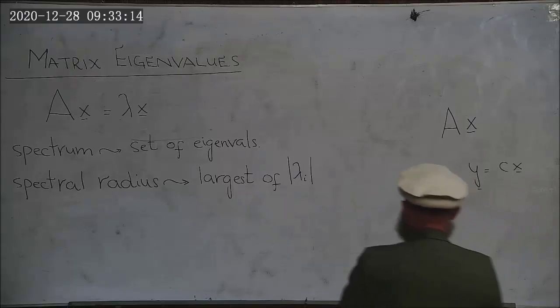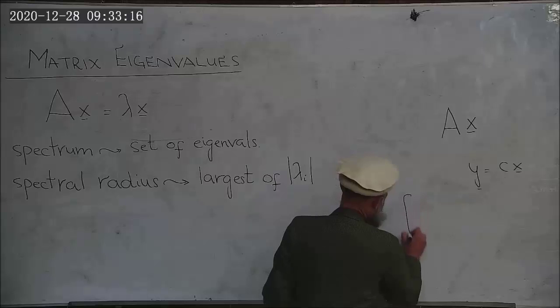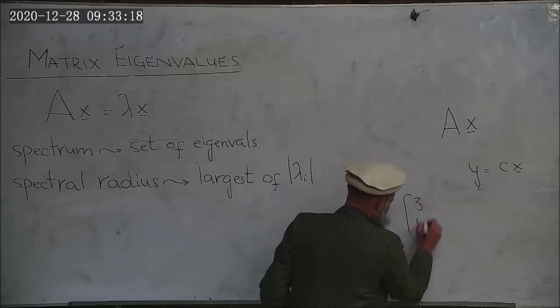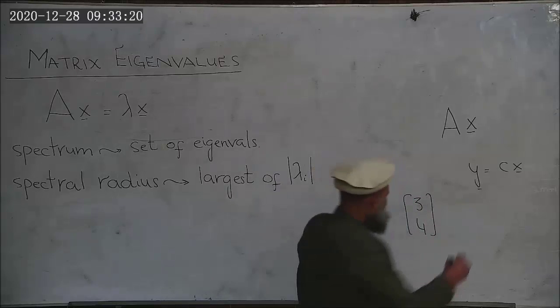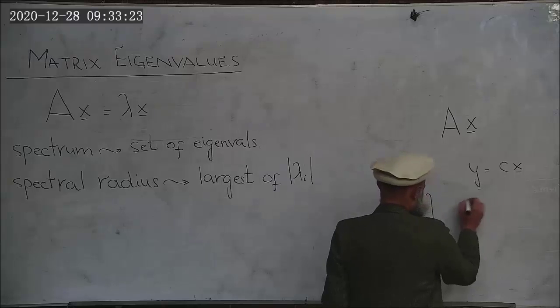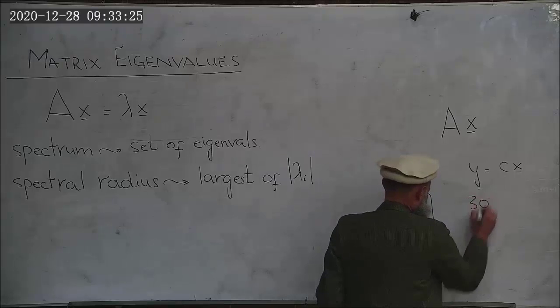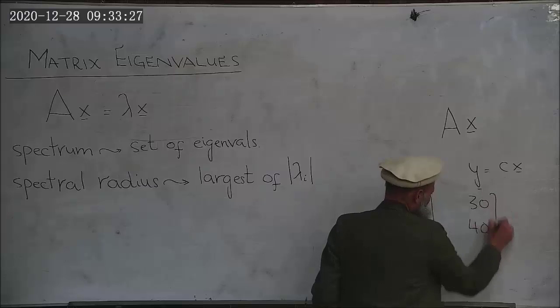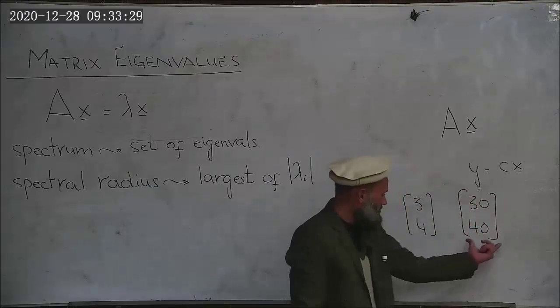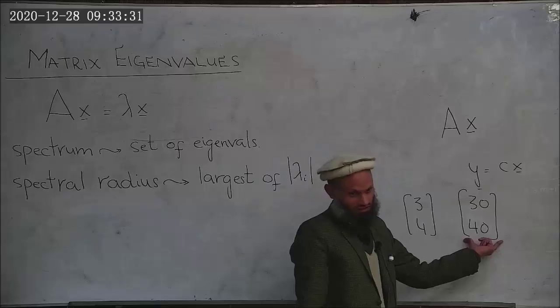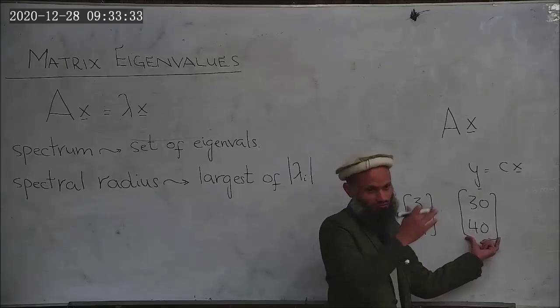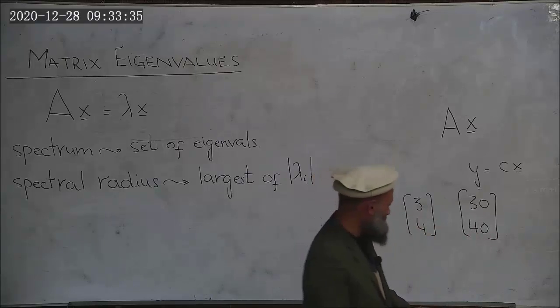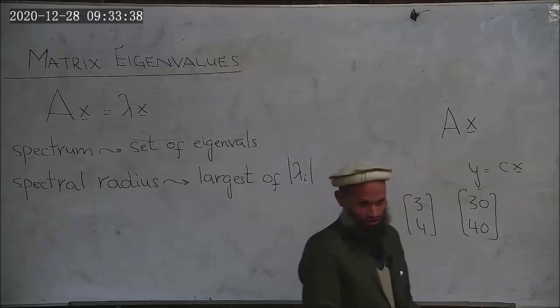For example, for the matrix that we considered earlier, this was an eigenvector, and this, for example, is also an eigenvector. If you multiply this vector by that matrix, it will also produce some scaling in that vector without producing any rotation.